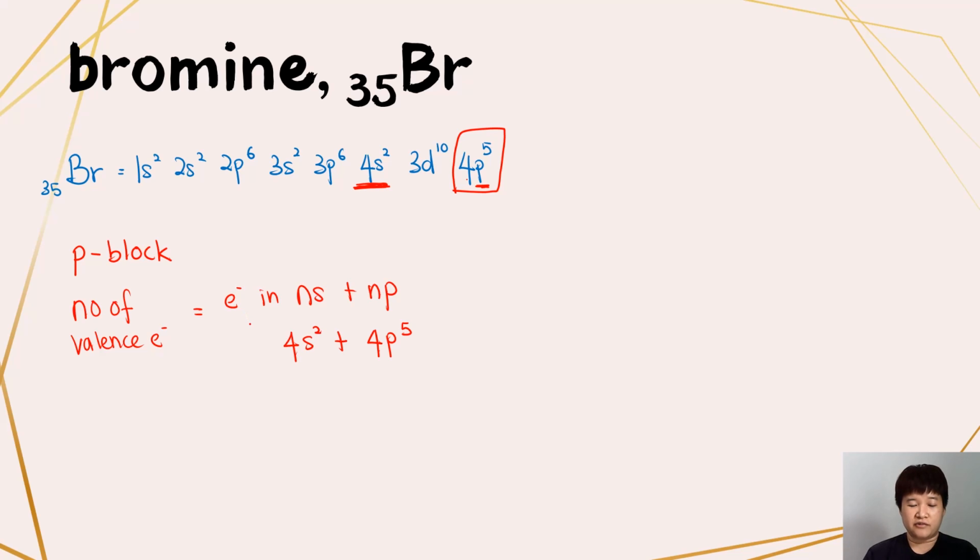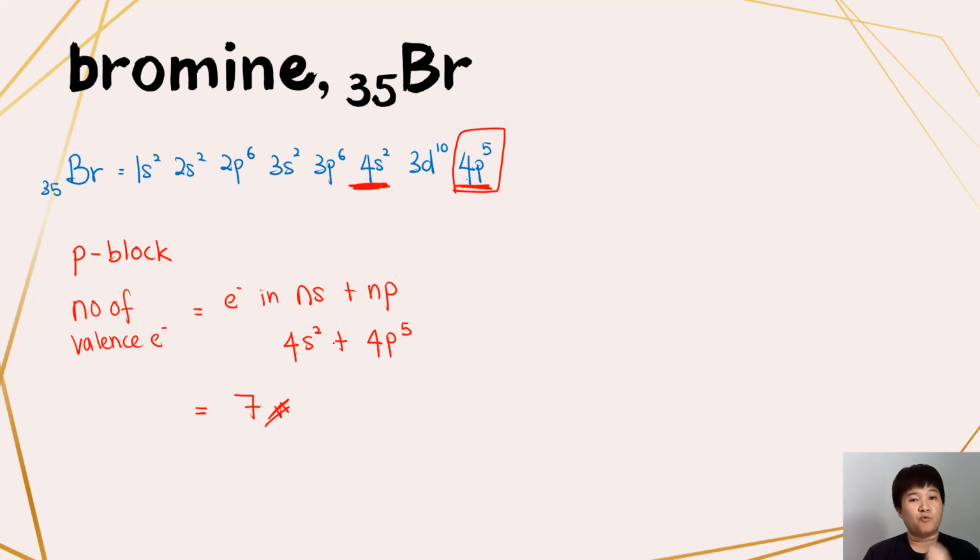So the number of valence electrons will be the electrons in the ns plus the np. The np is 4p5. So we are taking the highest energy level, which is 4 over here. So 4s2 plus 4p5. The number of valence electrons is 7.